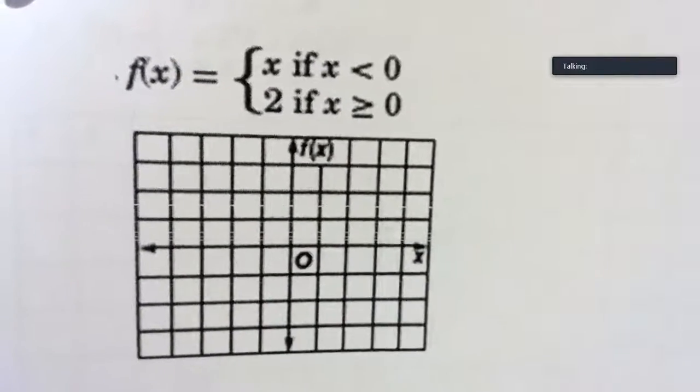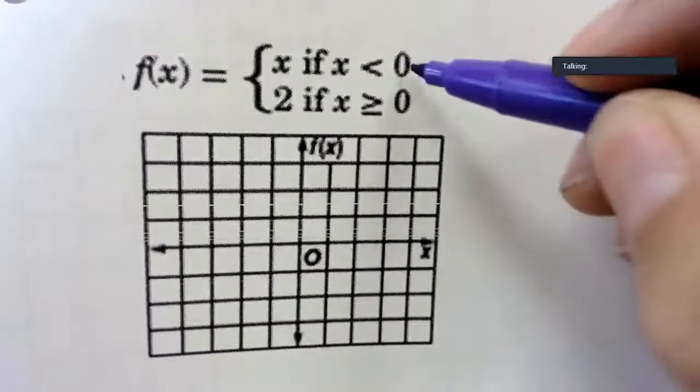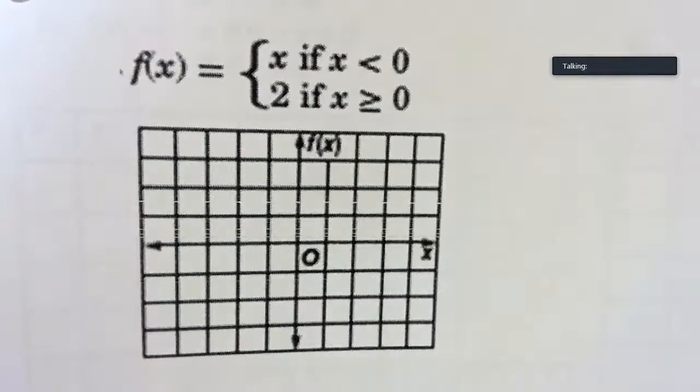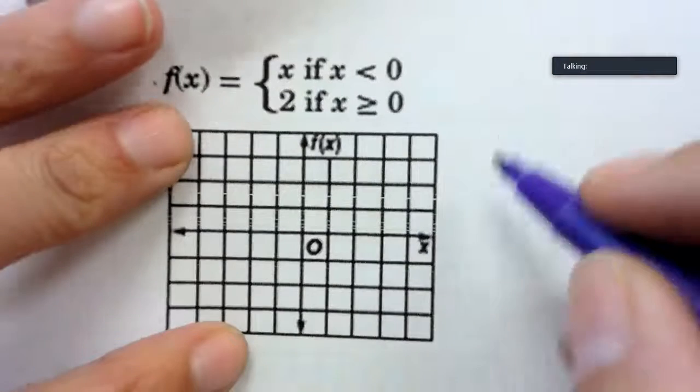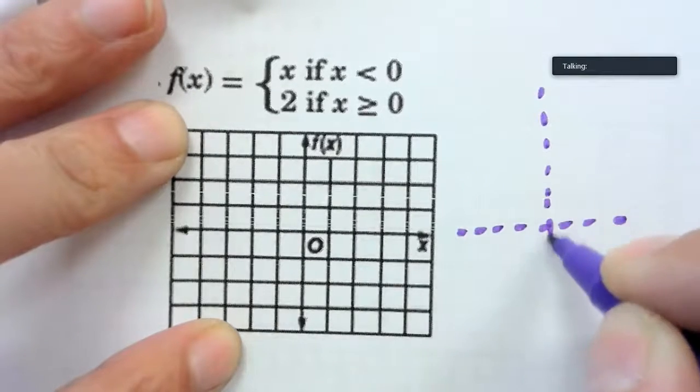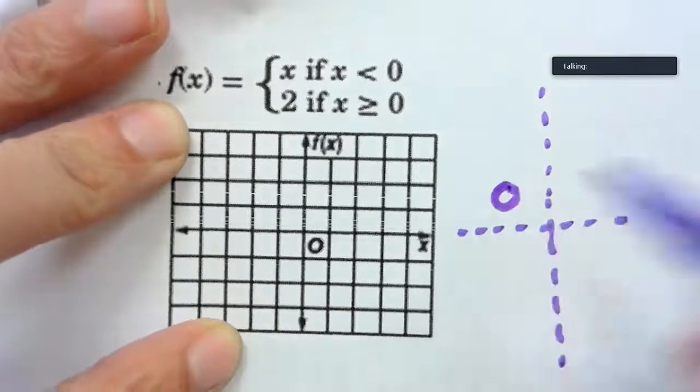My breaking point is at 0. That means that my table should include 0 twice.